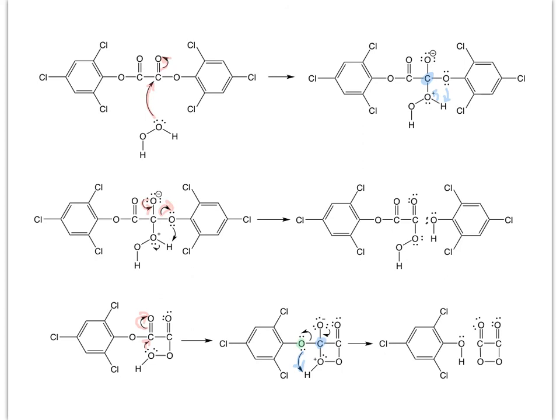So in the second part then, as electrons flow back from the negative oxygen to recreate the pi bond, this oxygen, which is already protonated, can leave. Now we have broken our second ester bond. Another trichlorophenol can act as leaving group.